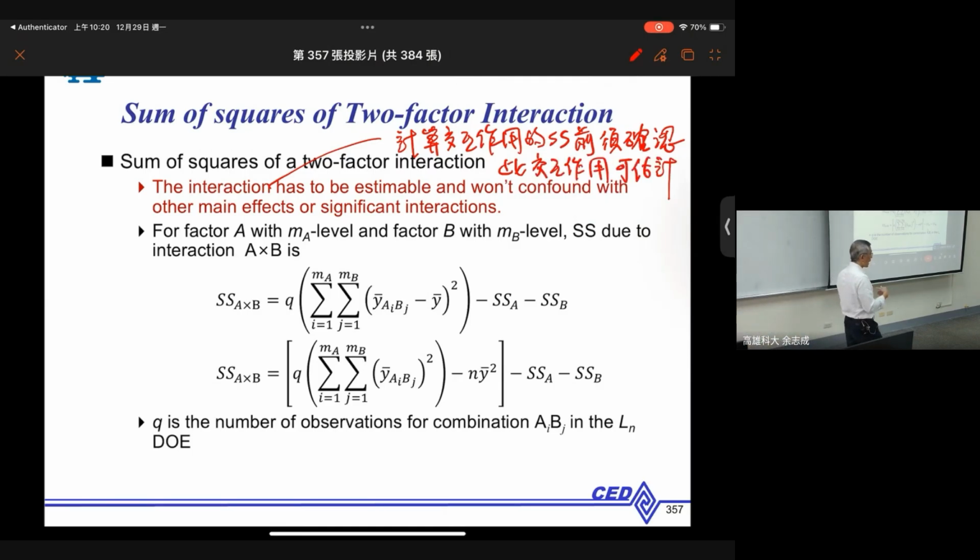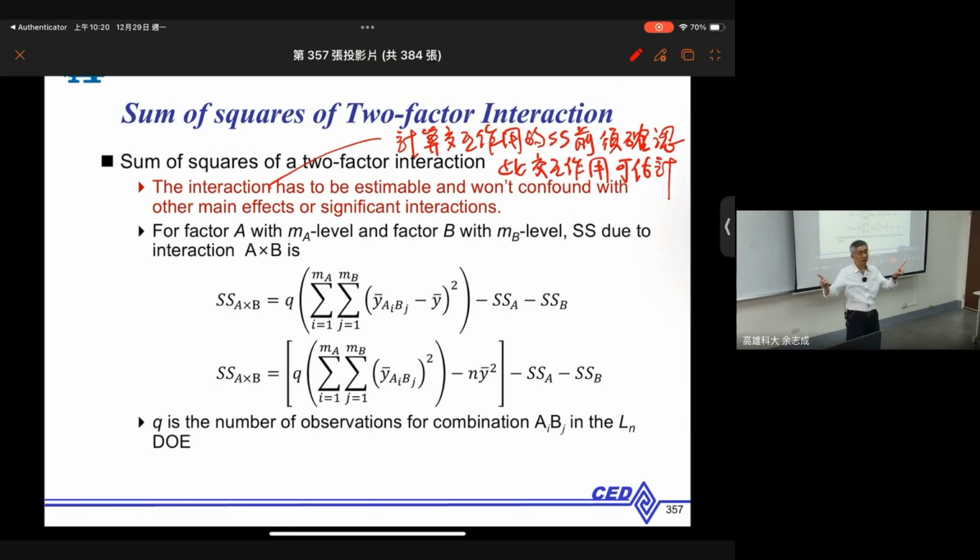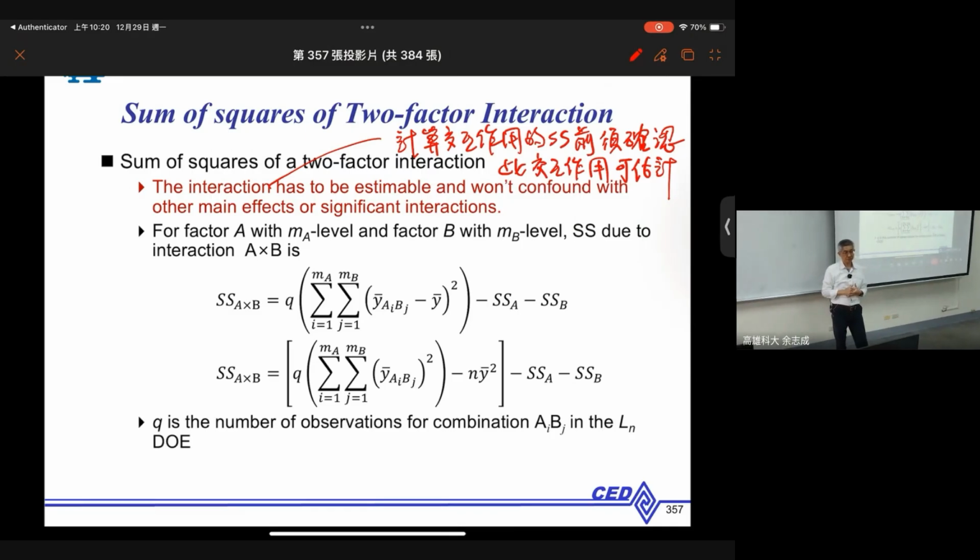What does it mean by estimable? Because we are using fractional factorial, you know that the arrangement for each factor will influence the confounding structures. So in the confounding structure, some main effects will confound with the interaction effects. If the main effect is confounded with your interactions, or a certain interaction is confounded with other interactions, then this interaction is not estimable.